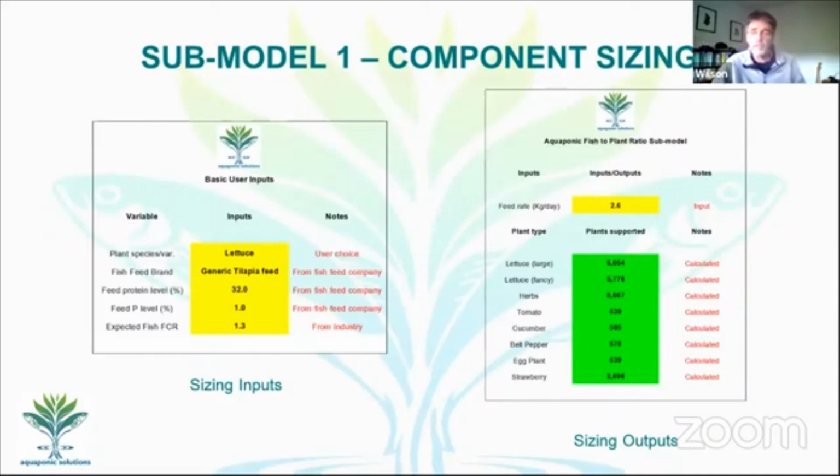And then most importantly, you've got to know at what feed conversion efficiency the fish will use that feed. The more efficient a fish is at eating feed and converting it, the less waste comes out, and that means less plants you can grow. Now, tilapia, they're vegetarian omnivores, so they don't eat a high protein content.